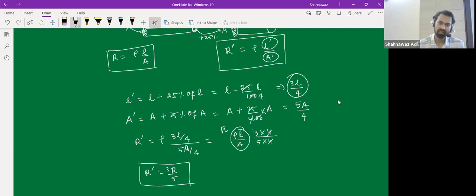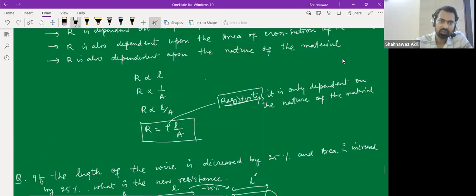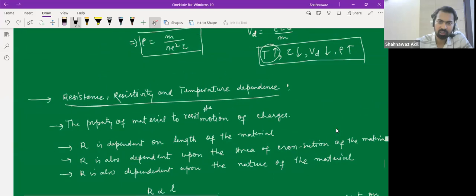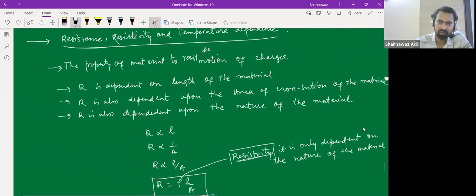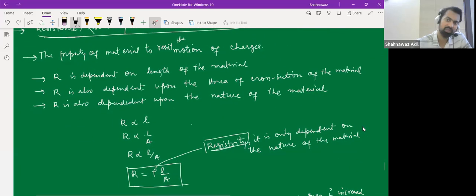If we are decreasing the length, then resistance will increase or decrease? Yes. So yeah, please note down, guys, and then we'll talk about temperature dependence of resistivity.